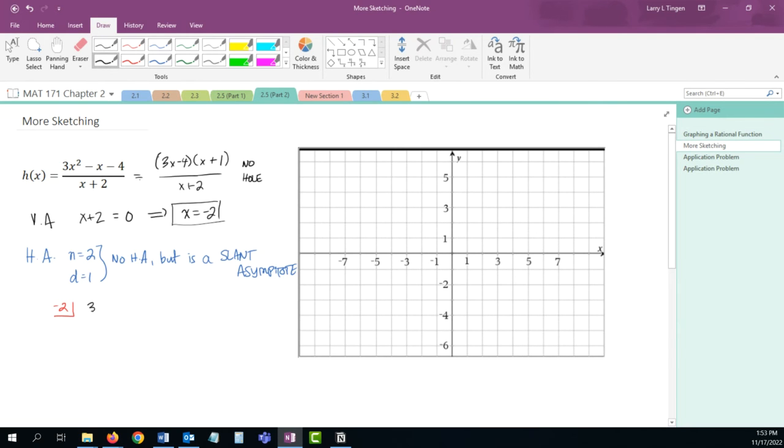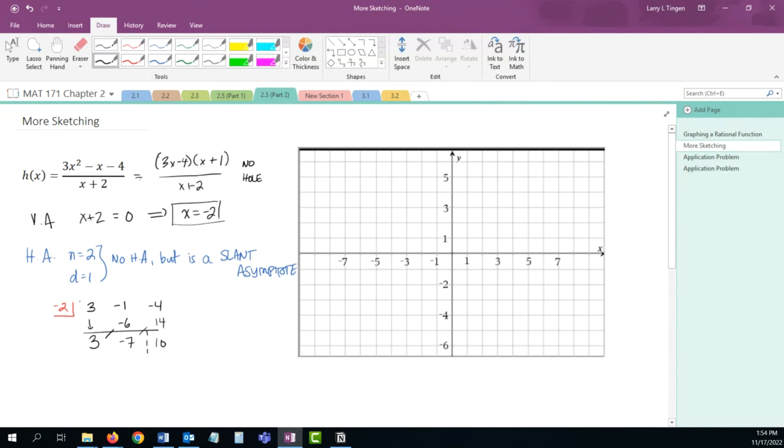Coefficients are 3, -1, and -4. We drop the 3, and then we're off to the races. 3 times -2 is -6. -1 plus -6 is -7. -2 times -7 is +14. -4 plus 14 is 10.